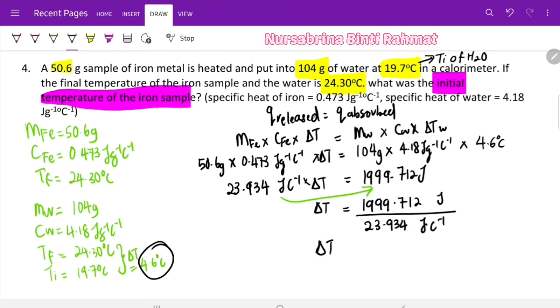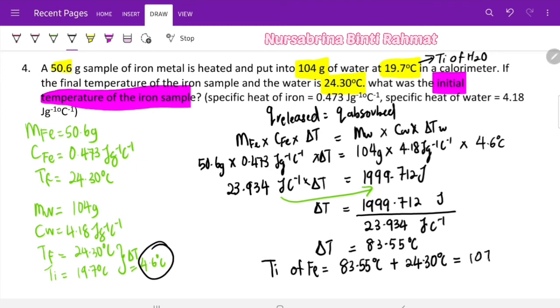So my final answer will be in Celsius. So the temperature change is 83.55 degrees C. So my temperature initial of iron equals 83.55 degrees C plus the final temperature 24.30 degrees C, which equals 107.85 degrees Celsius. So that's it for your question 4.